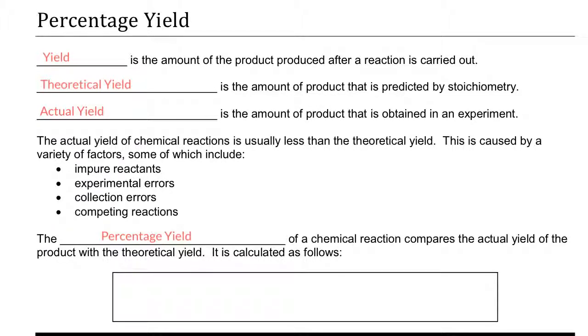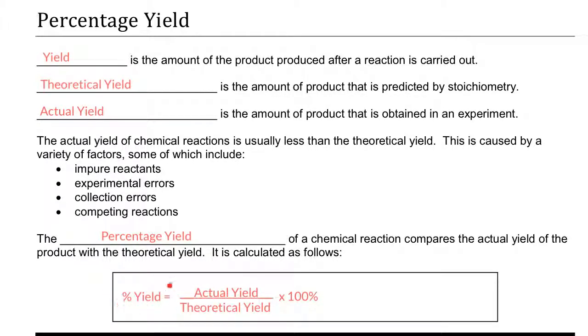One way that we can measure this difference in yield is something called a percentage yield. Basically it's a comparison of the actual yield to the theoretical yield. I'm going to write a formula that you'll need to know in order to calculate the percentage yield.